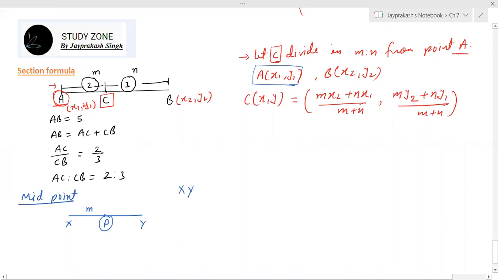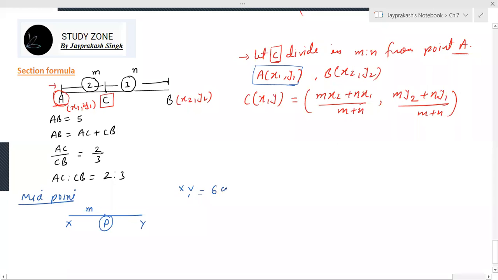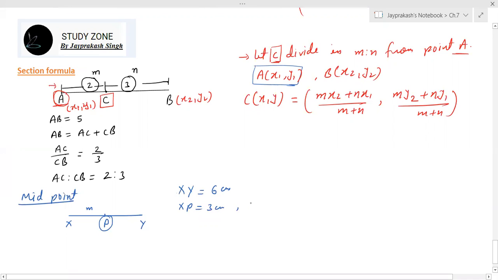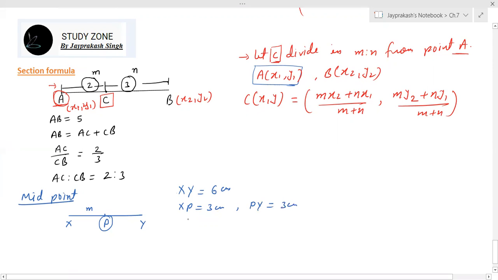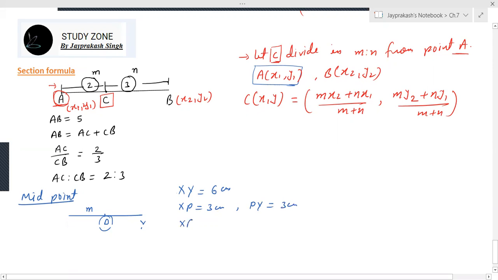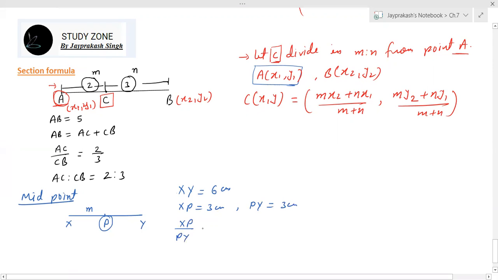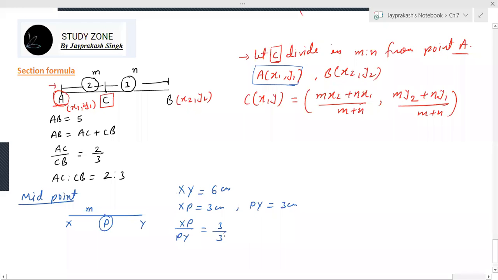Suppose XY is 6 centimeter. So length of XP will be 3 centimeter and PY is also 3 centimeter. So when we find the ratio XP by PY, we will get 1:1.